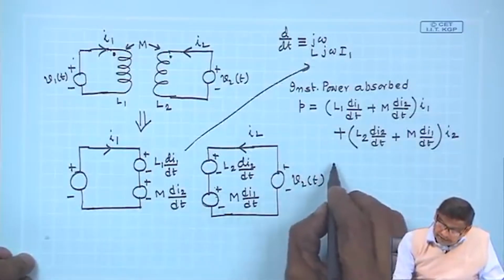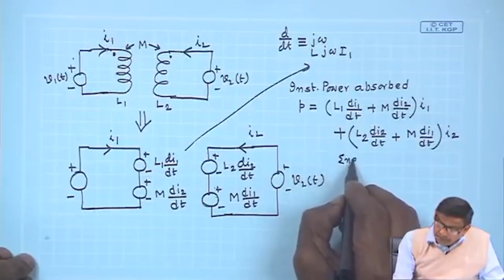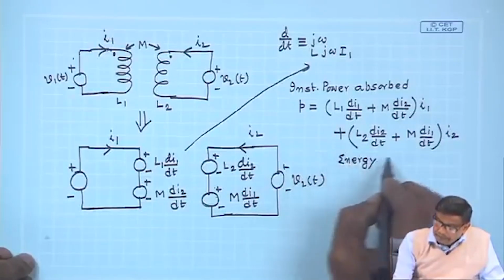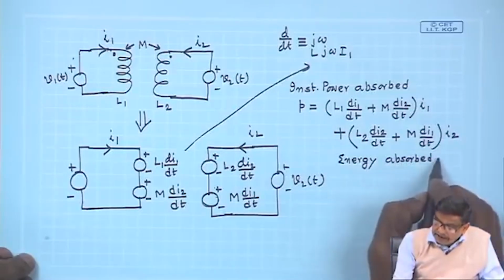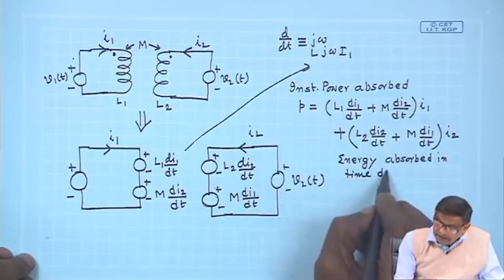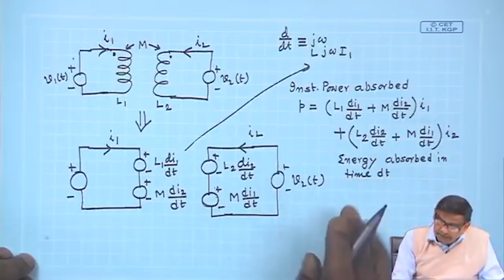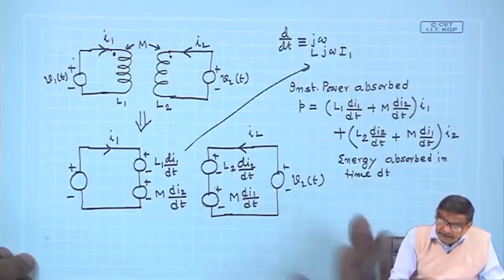Then the energy absorbed in time dt, which is vanishingly small, that is calculus type dx/dt, like that dt.